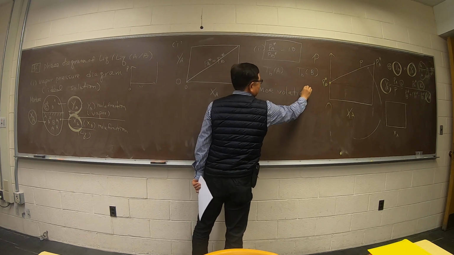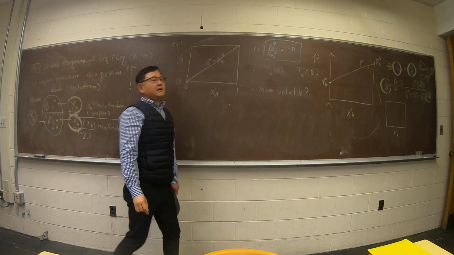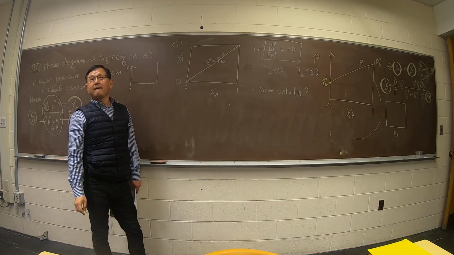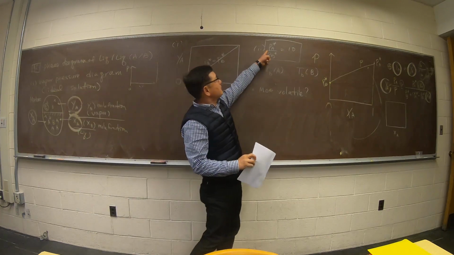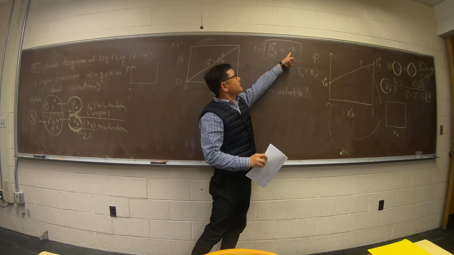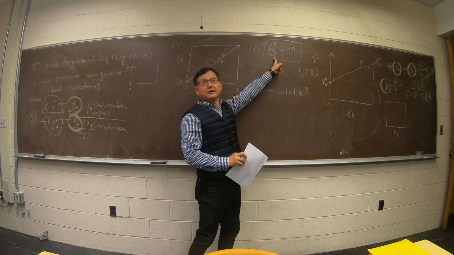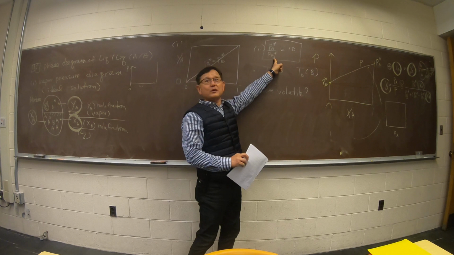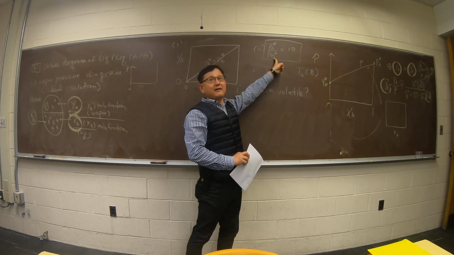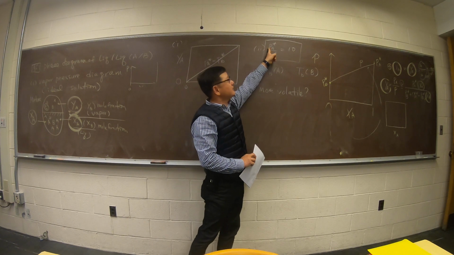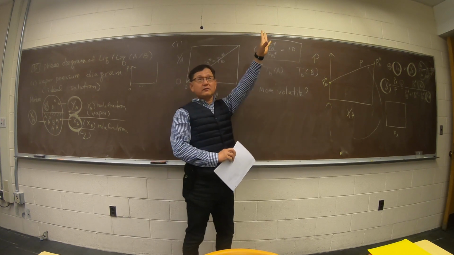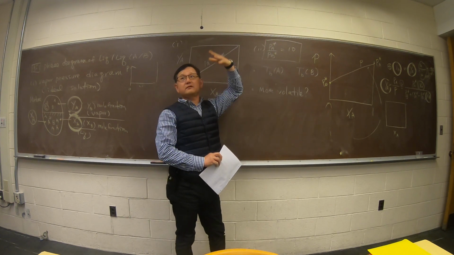So the vapor pressure for A is 10 times bigger than the vapor pressure for B, right? So which one likes to escape? A, right? A has a higher tendency to shoot the molecule into the vapor phase, so the vapor pressure is high.